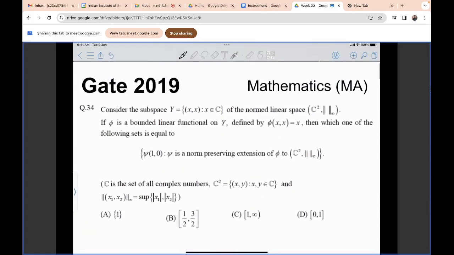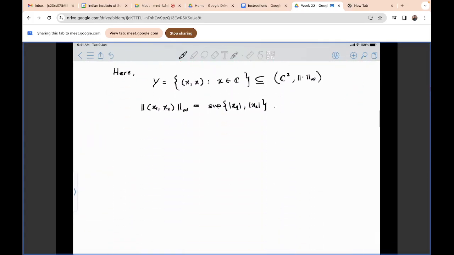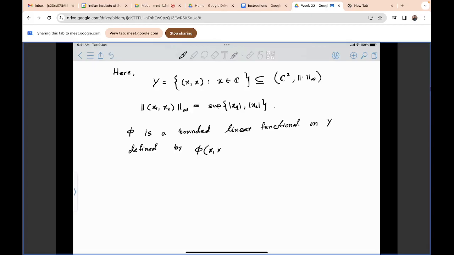And phi is a bounded linear functional on Y, defined by phi of (x, x) is x. So phi is defined on Y.